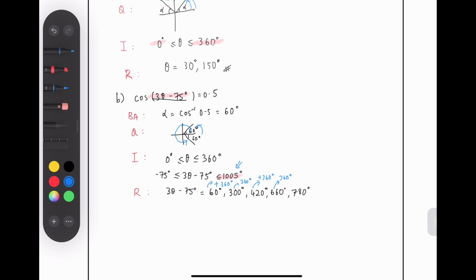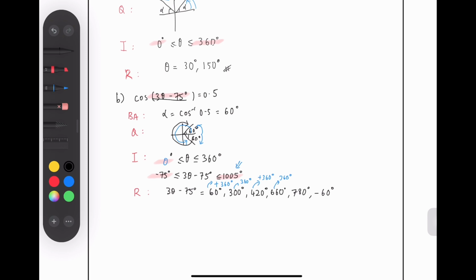But then, you can notice that we actually start from 0 to negative 75. So we still have to rotate this way, and we figure out that there is another value, which is negative 60. When we try to rotate the other way, it exceeds negative 75, so we can ignore the value.